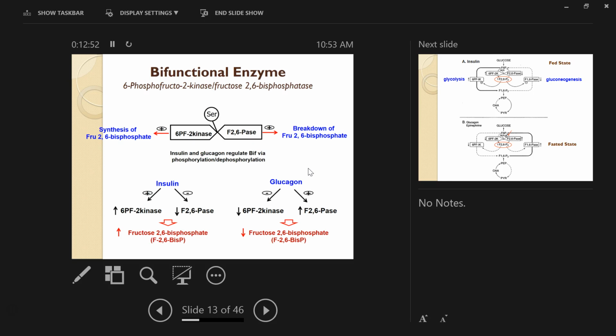And we know fructose 2,6-bisphosphatase's function is to break down fructose 2,6-bisphosphate, right? So it will lead to a decrease in this intermediate concentration in the fasted condition. Right? Is that clear? Any questions so far? All right.